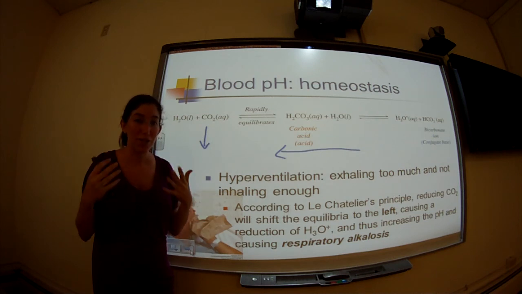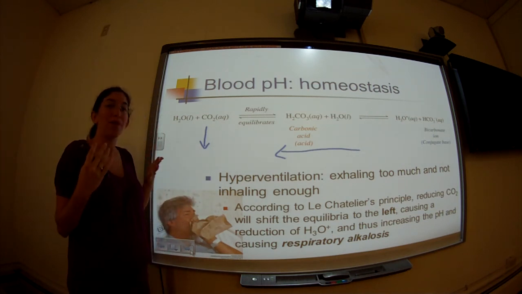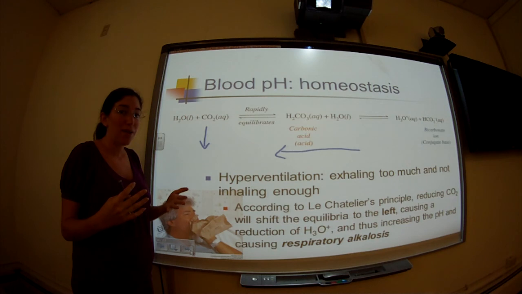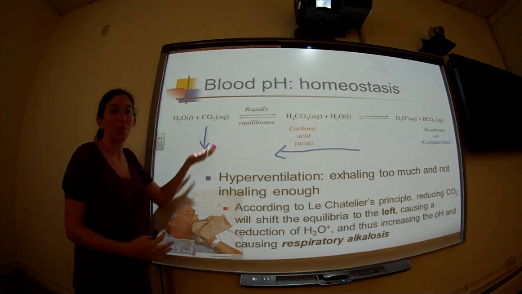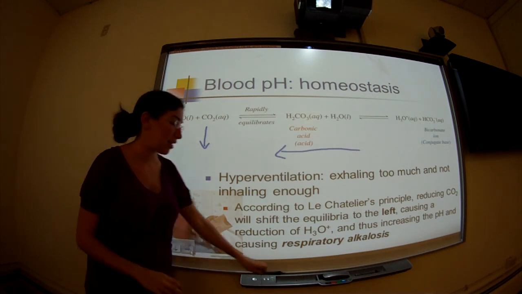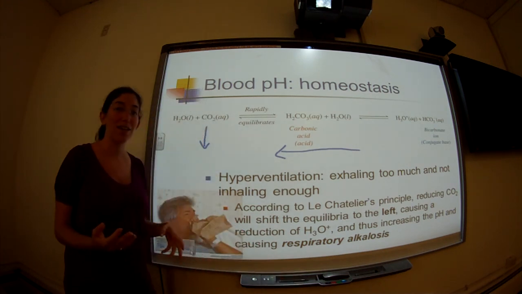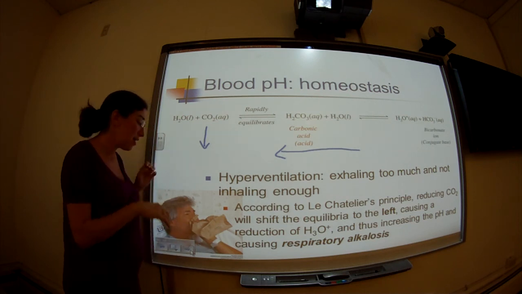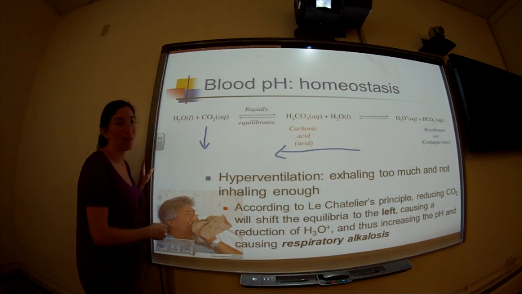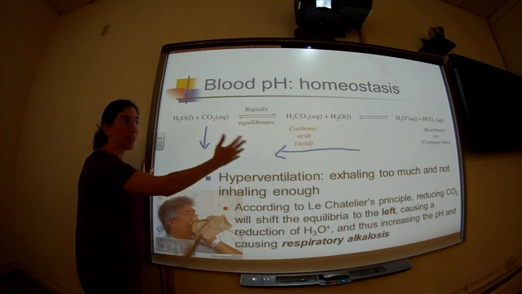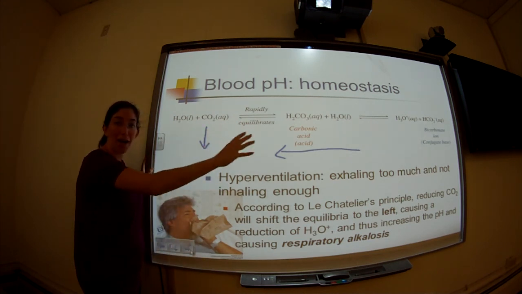You'll be getting too much carbon dioxide. But when you're hyperventilating and you're breathing out too much carbon dioxide and changing your blood pH, it's a good thing to breathe in a little extra carbon dioxide. So that's why when you're hyperventilating, they tell you to breathe into a paper bag. Then you're breathing back in some of that carbon dioxide to help get this equilibrium back on track.